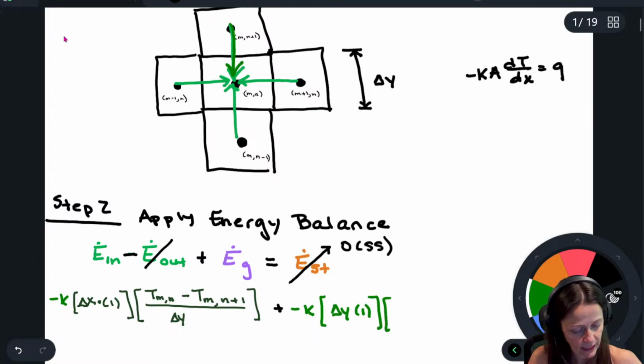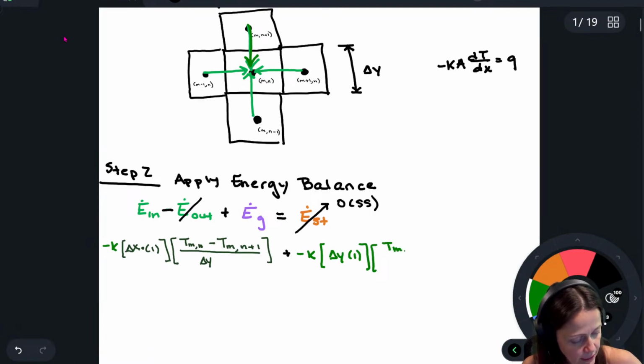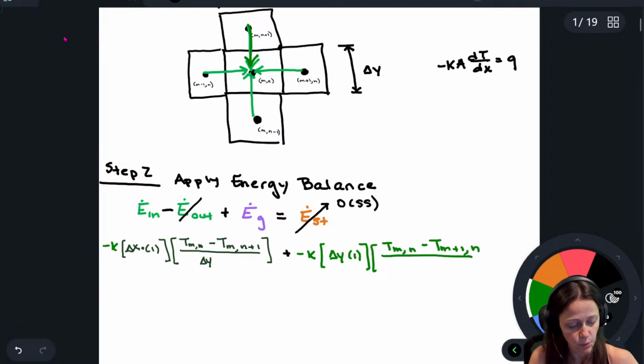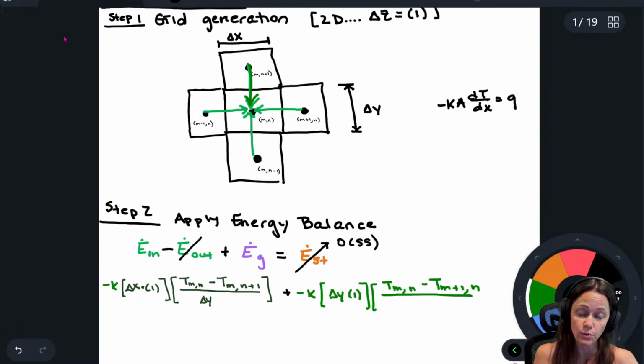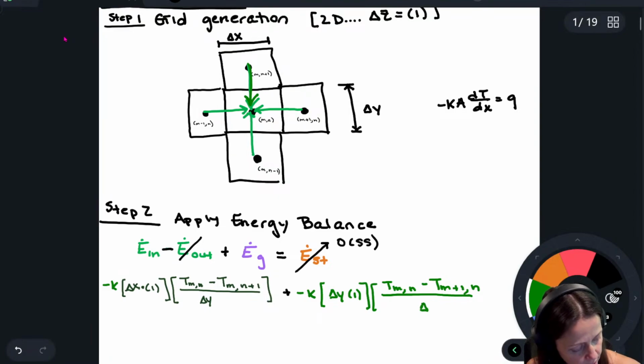Then we have T_mn minus T_m+1,n over a distance between those two nodes in the horizontal x direction, so delta x.